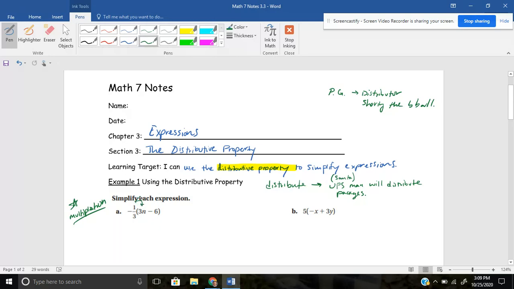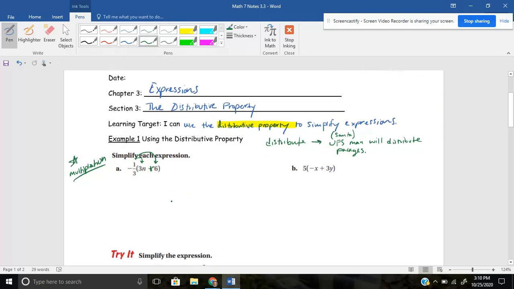And we also need to multiply negative 1/3 by this negative 6. If you want to think about this as negative 6, or you could always do chop, because adding a negative and subtracting are the same. So we have to be really good at keeping track of our subtraction signs here too. Okay, so let's do that.